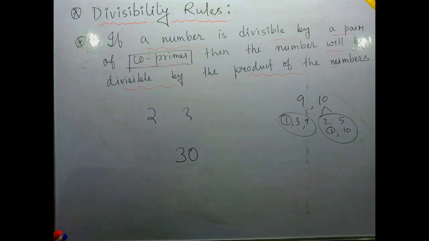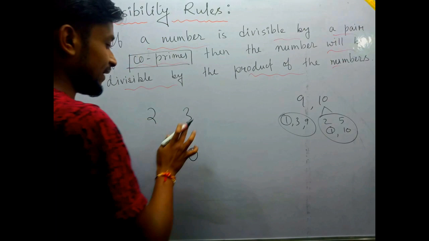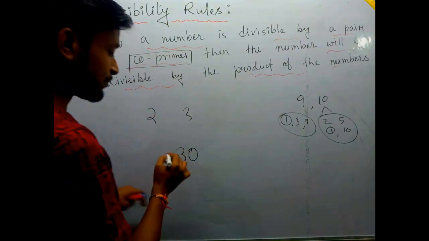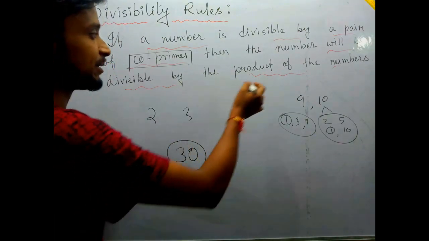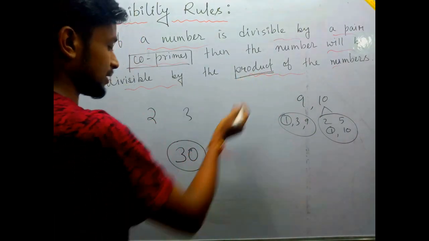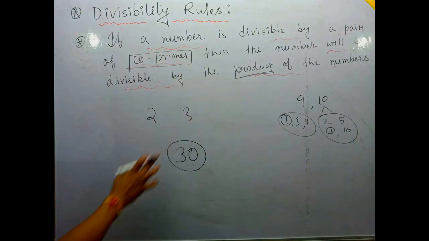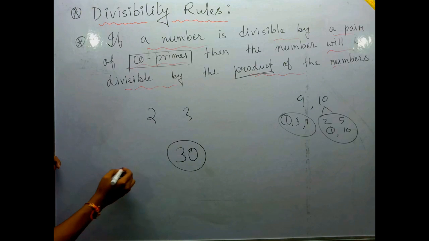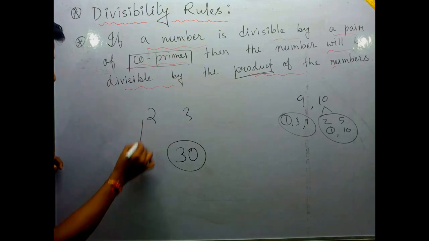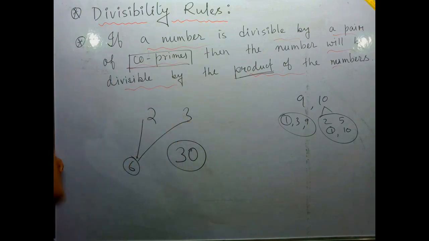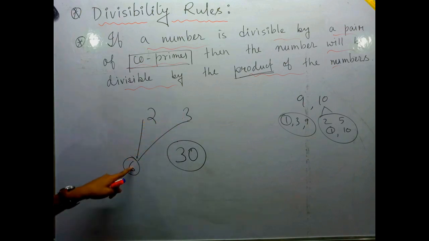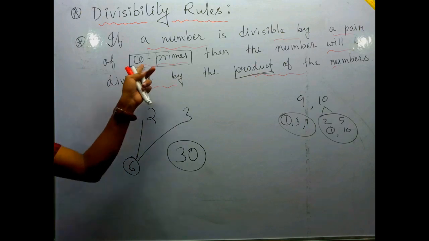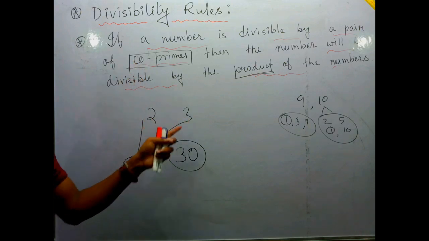If a number is divisible by 2 and 3, then that number will also be divisible by their product, 6. 6 is the product of these two numbers, right? Always remember the condition: the two numbers must be co-prime.